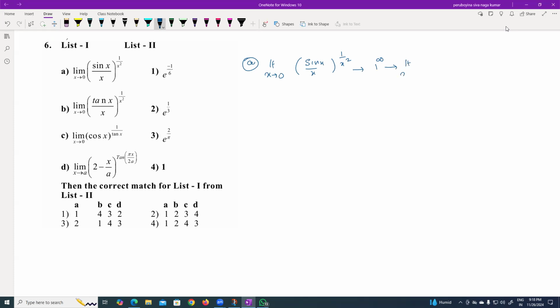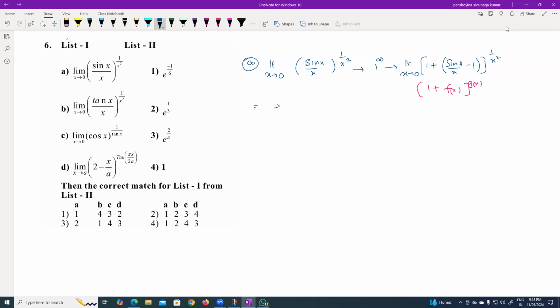So we have to modify the problem into the format of (1 plus f of x) whole power g of x. For that, I added 1 and subtracted 1 to show the correct format of the function (1 plus f of x) whole power g of x. Here g of x is 1 by x square. Okay.